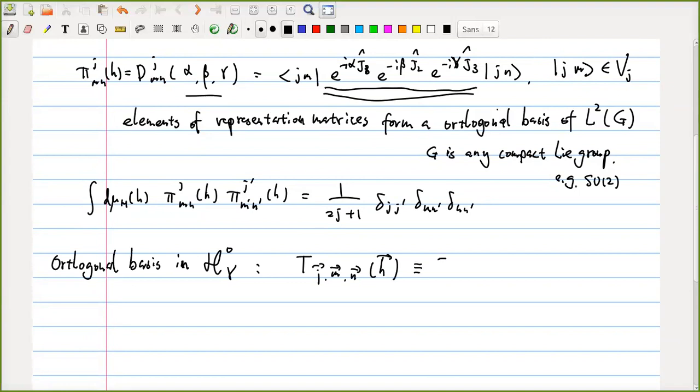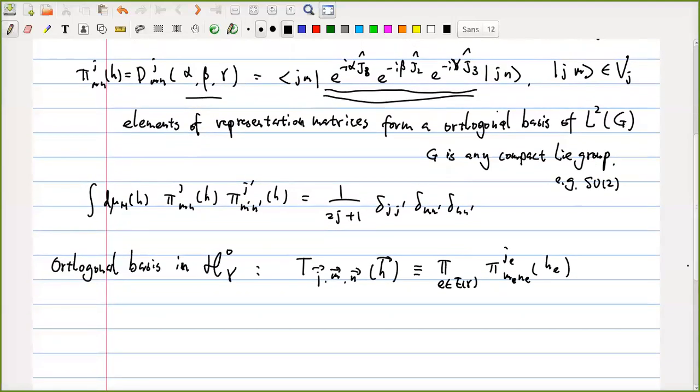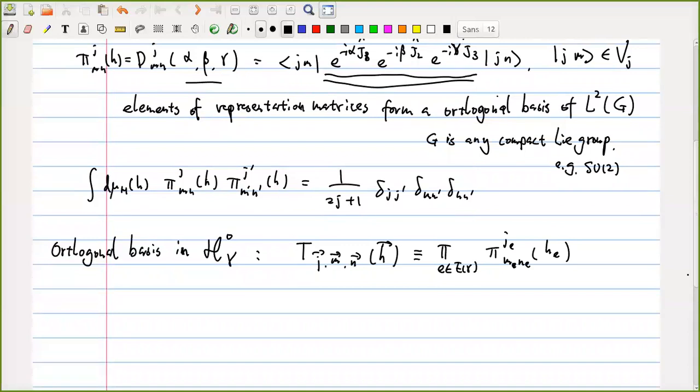So this is defined to be a product over all the edges E belonging to the set E gamma, the set of all edges, pi J E M E N E H E. So all the labels, because you may get different pi's at different edges, all these labels J, M, and N depend on E.